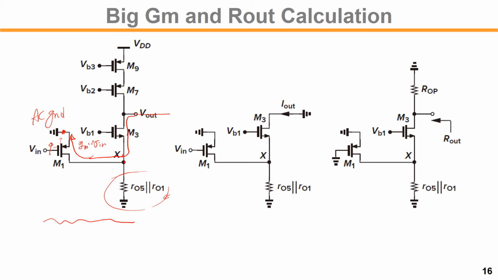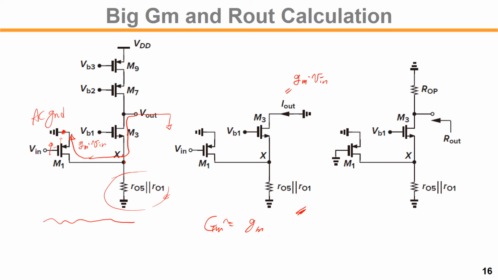So if the output is shorted on the right hand side as shown here, Iout will be just gm times Vin, right? So if RO5 and RO1 are large enough, then big Gm is approximately small gm.